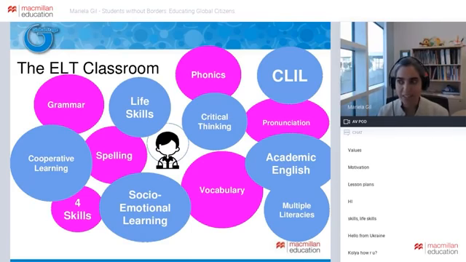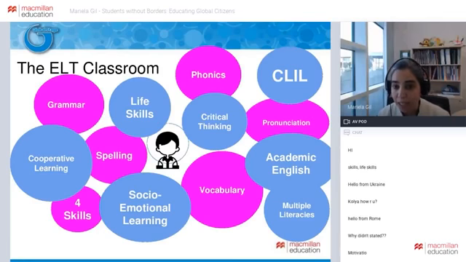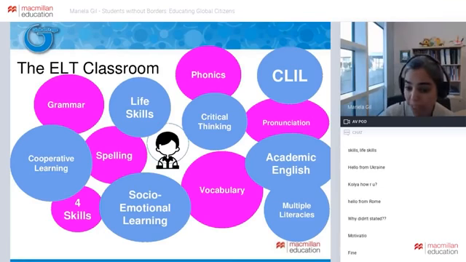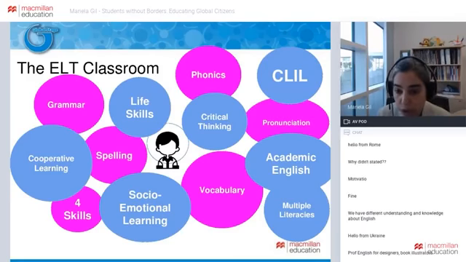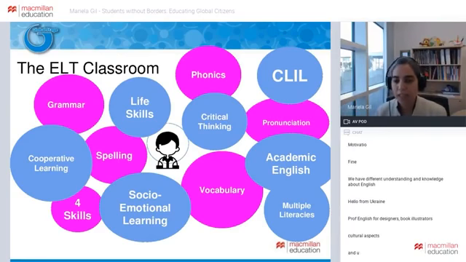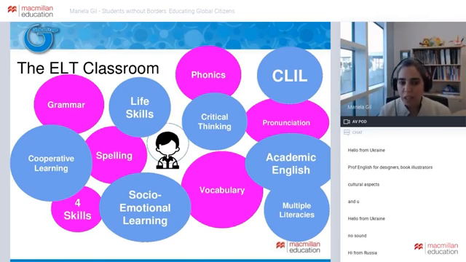Often teachers tell me that as the English language teacher in their institution, whether it's a school, university, whatever it is, they're sometimes more aware of trends, of methodologies, and bringing that into your classroom, along with everything else that has to do with English. So whether you're bringing other subject areas through CLIL or English for academic purposes, whether you're helping students develop their social emotional learning skills or their collaboration skills, their life skills, different elements of literacy, all of these things you're juggling with English and alongside English.